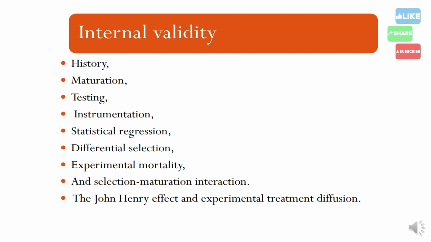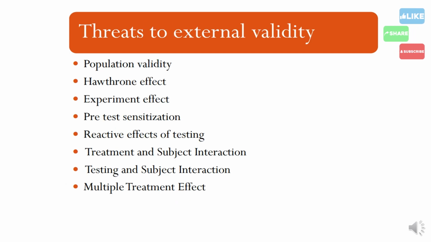So these are the internal validity parts. Then for external validity, we have population validity, Hawthorne effect, and experimenter effect, as well as pre-test sensitization and the reactive effect of testing, treatment and subject interaction, testing and subject interaction, multiple treatment effect. So these are the external validity.